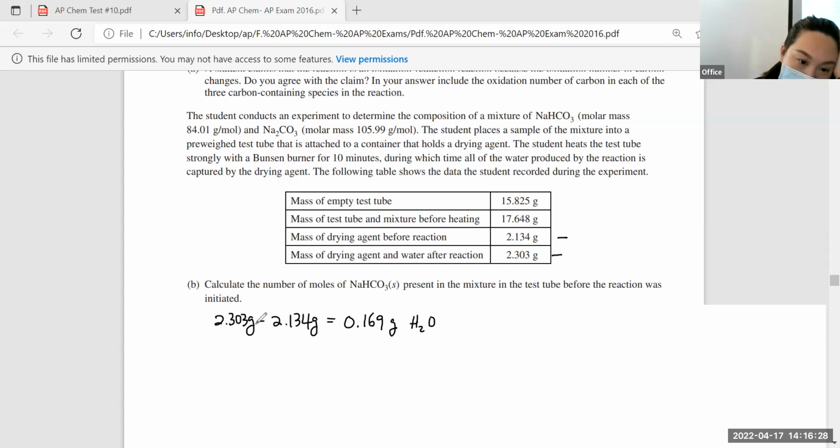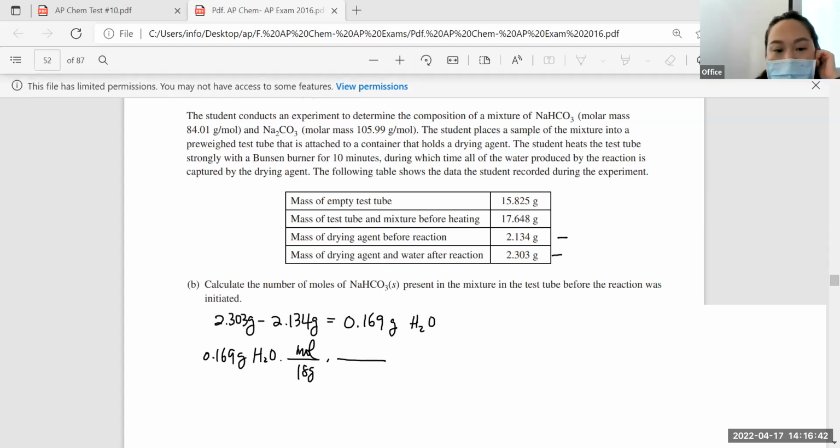So I need to convert this to moles: 0.169 grams water, 18 grams per mole. We need our reaction, hold on.